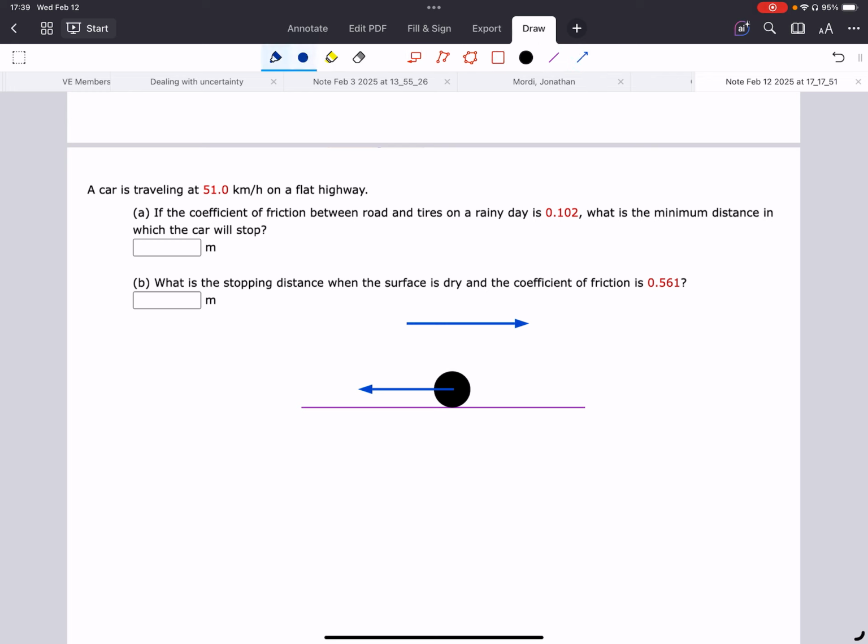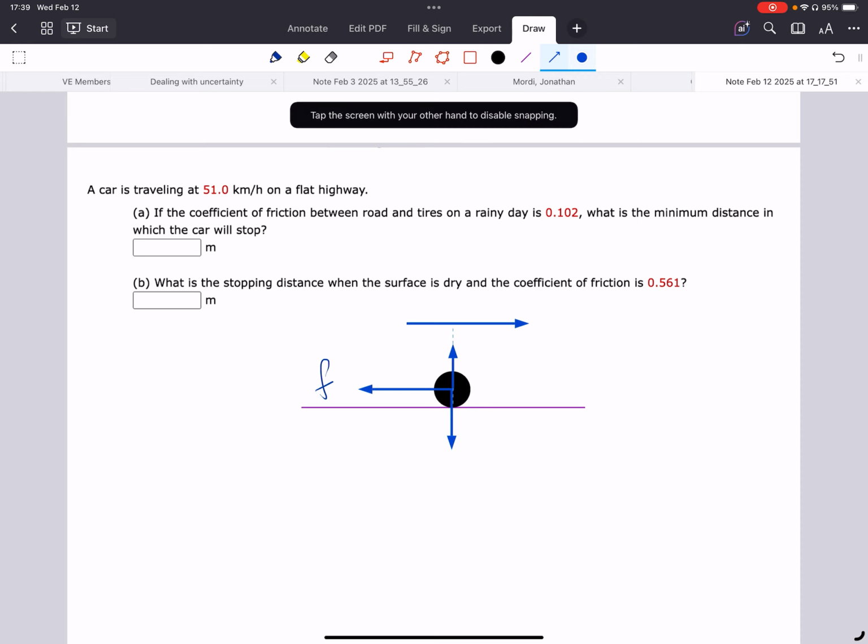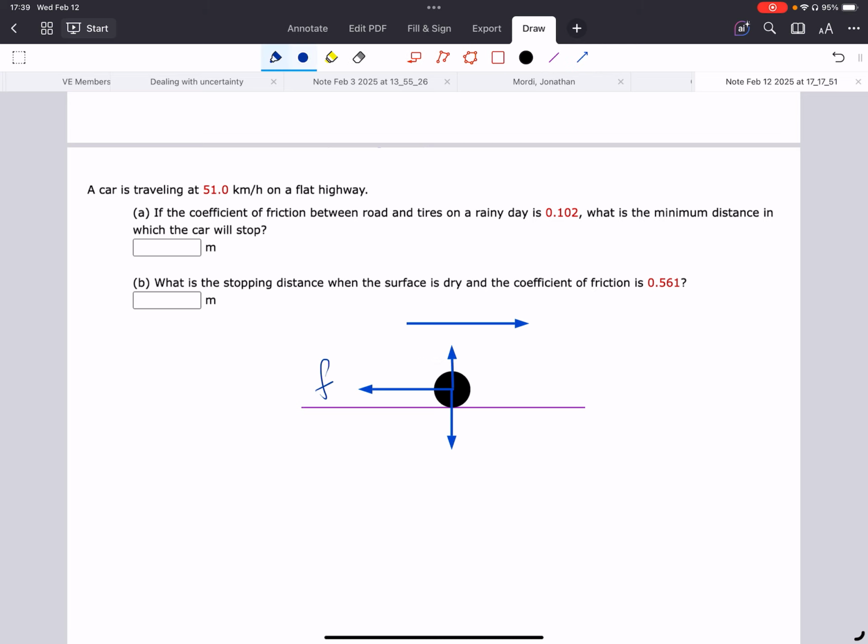That is my friction force. And there will be a downward force, which will be the weight of the car, and there will be an upward force, which is the normal force represented by that upward arrow. So I've got normal there, I've got mg there. That's it. There are no other forces acting on the car.